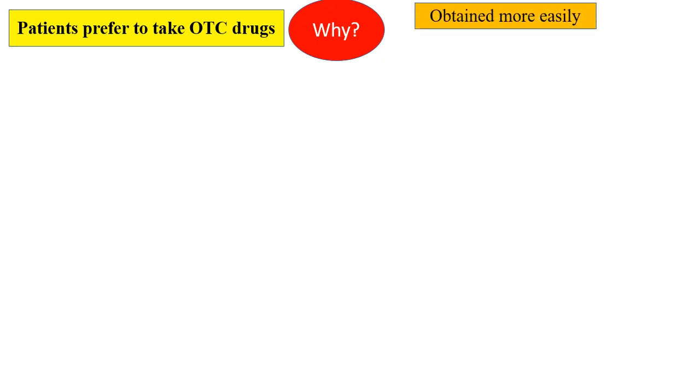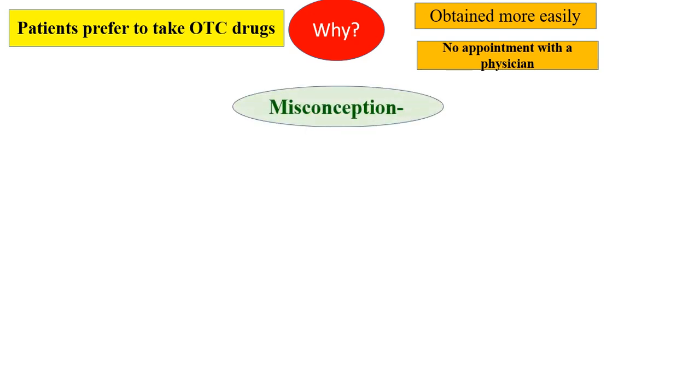Why do patients prefer to take OTC drugs? Because it is very easy to obtain, with no appointment with a physician. You don't need to go to the doctor, and you don't need a prescription or an order to receive this drug.